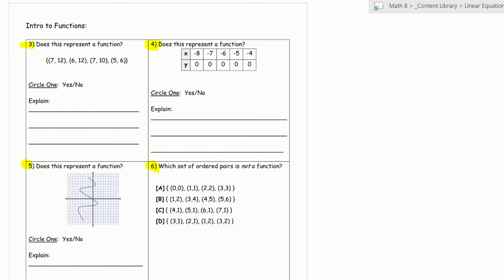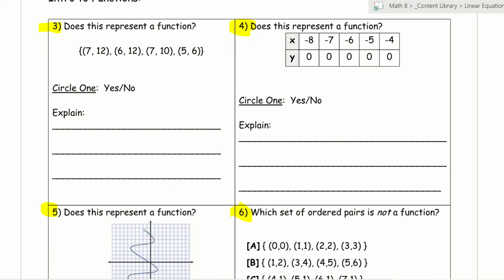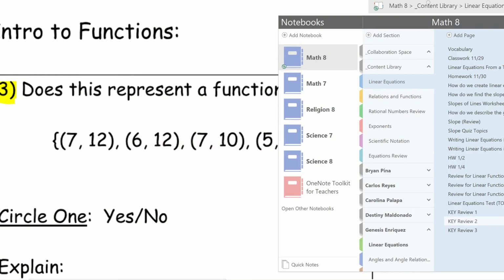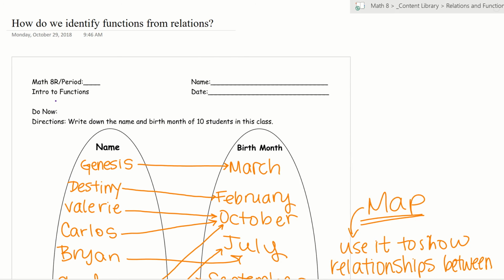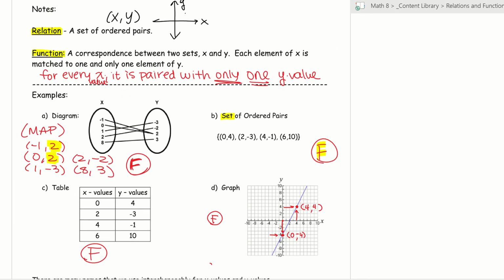Now let's see. Does this represent a function? Well, what is a function? If you go back to our relations and functions chapter, it says that a function is a correspondence between two sets x and y. Each element of x is matched to one and only one element of y.